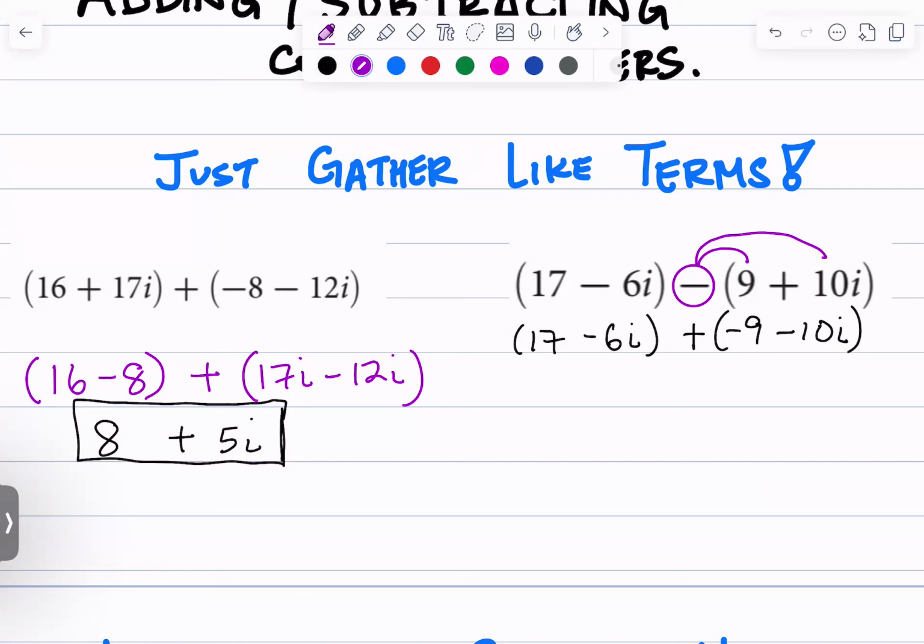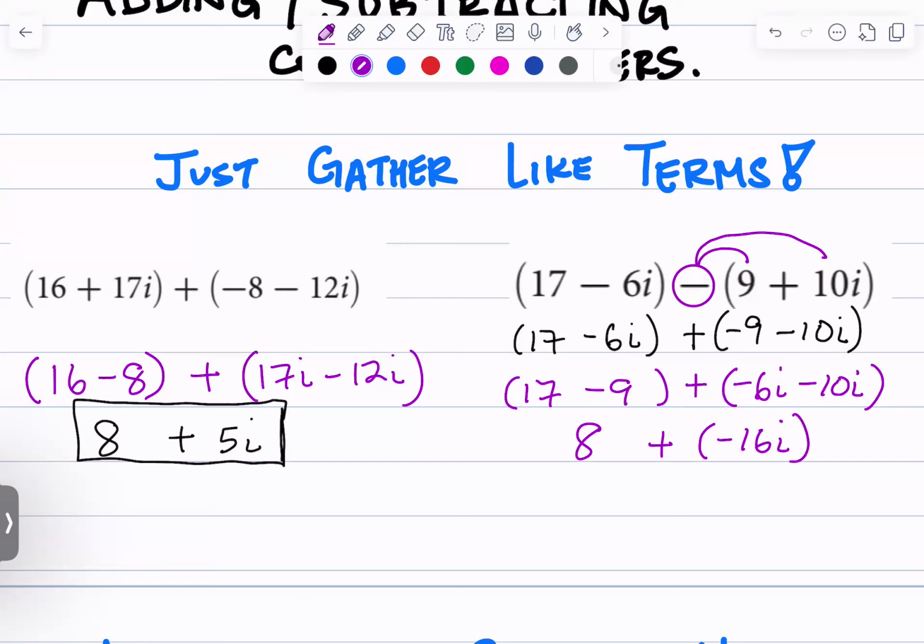If I gather the real parts, it will be 17 minus 9 plus gather the imaginary numbers, right? 17 minus 9 is 8 plus negative 16i, which we can say is 8 minus 16i.